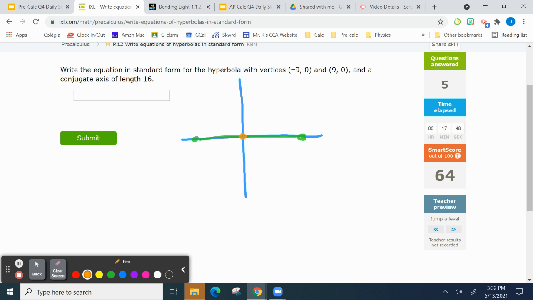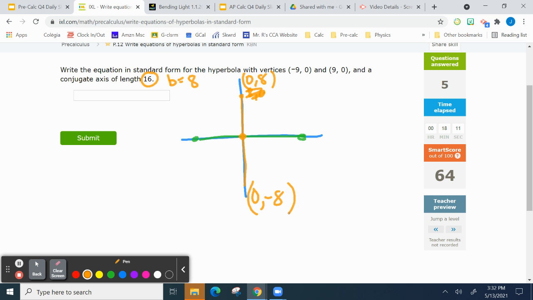So the conjugate axis has a length of 16, which means B equals 8, right? So there's our conjugate axis. So that's going to be at 0, 8, and 0, -8, so B is 8.